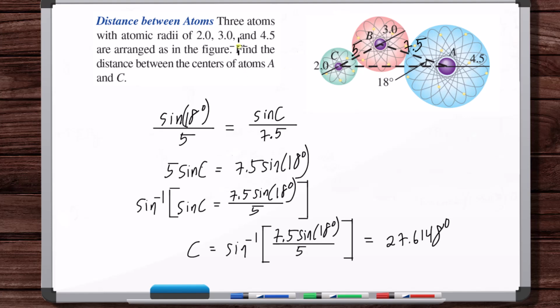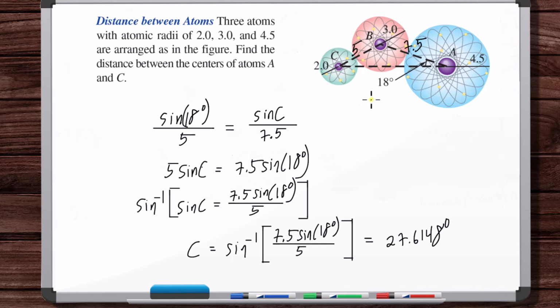Okay, but we're not done because what we want is this distance from C to A. But now we can just use the law of sines in the non-ambiguous case because we've got two angles and a side length. We've got three angles now technically and two side lengths, so we can do whatever we want. Now it's easy. Once you get one extra piece of information about the triangle, then all of the congruence axioms and techniques open up, right?